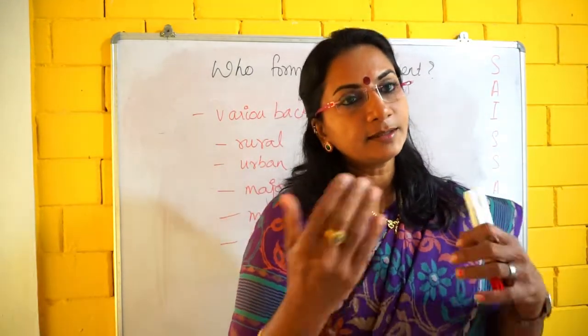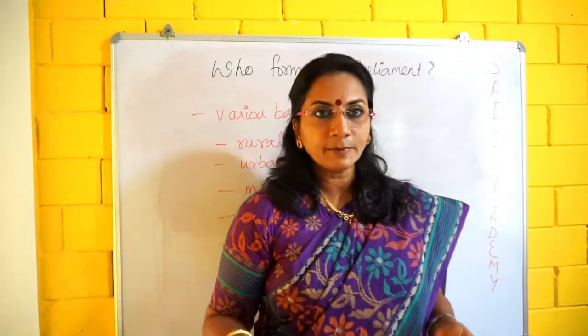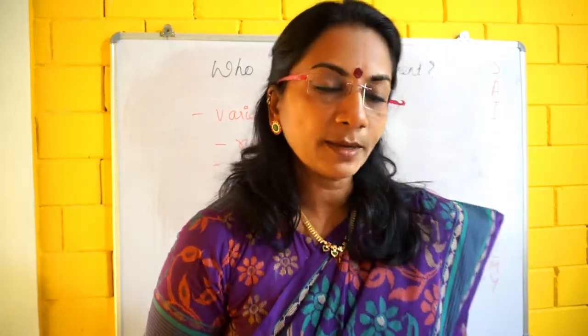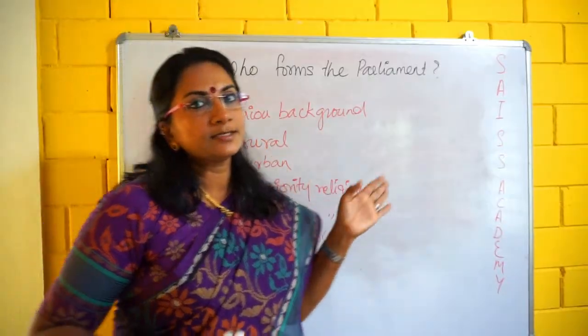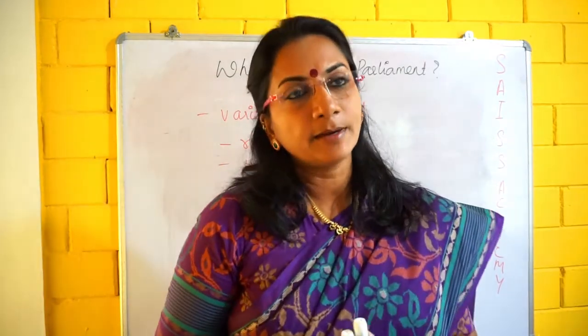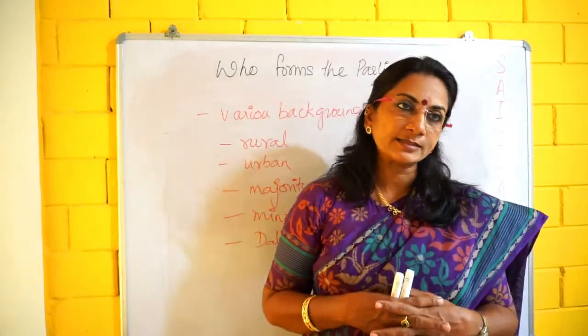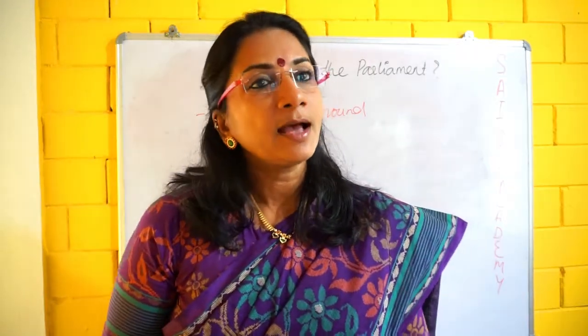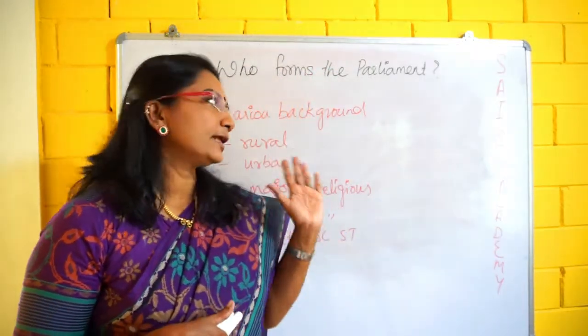Highly literate people will be there, and some undergraduates will also be there. All of these categories of people represent the parliament based on the constituency they come from. Got it? And they bring up the problems of their region.